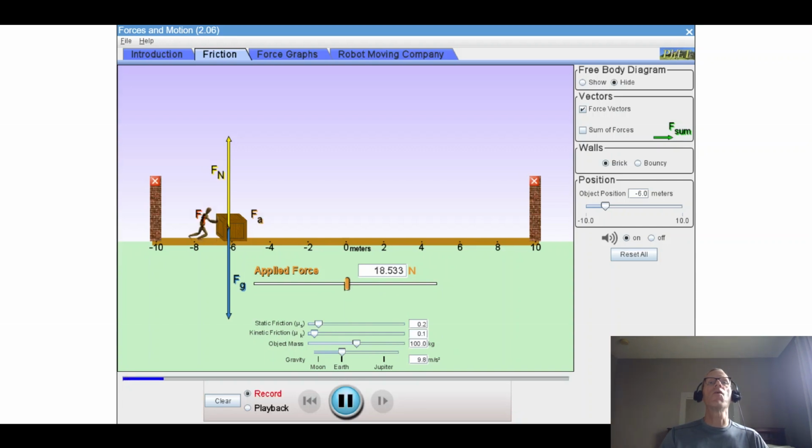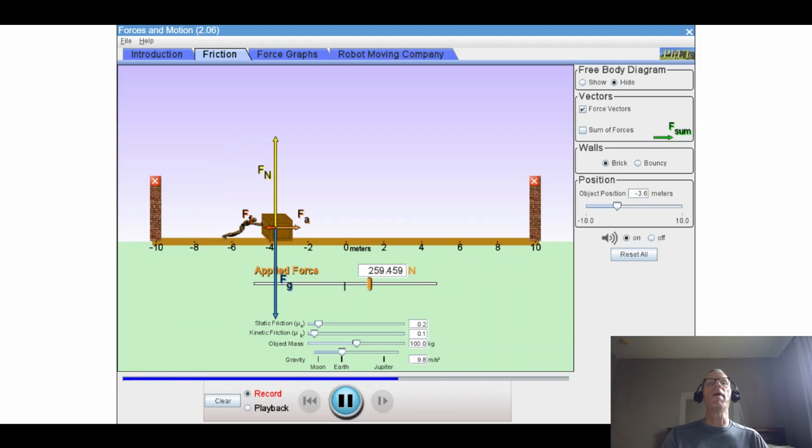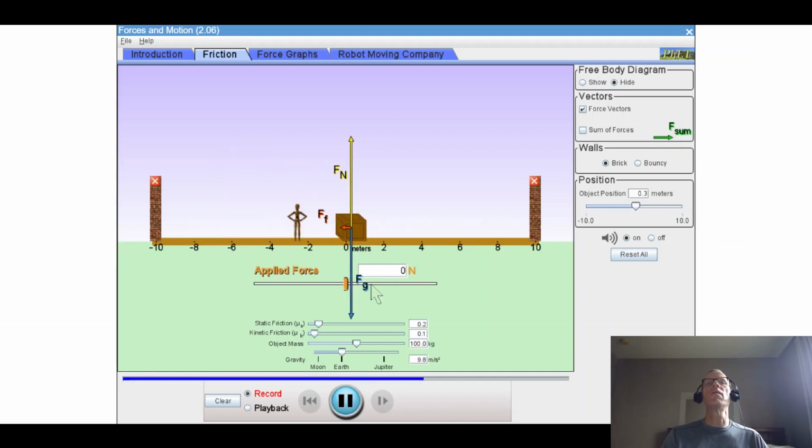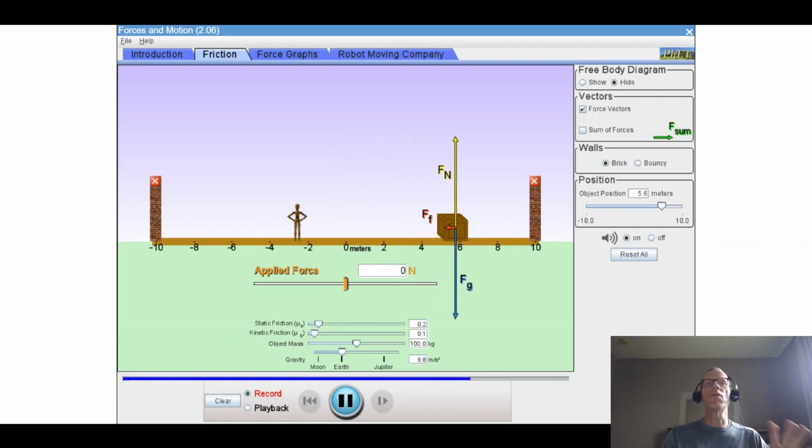Well, it doesn't make things go away. I push with a little force and it is not accelerating. And now I got to about 200. I moved a little bit too quickly, but somewhere around 250, you could probably figure out the exact number.